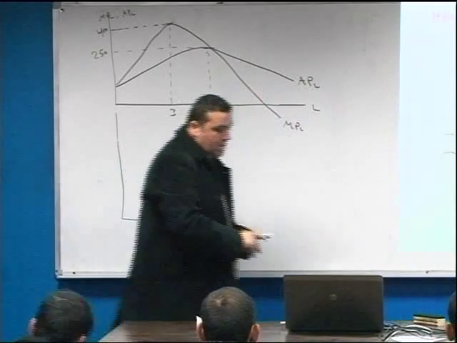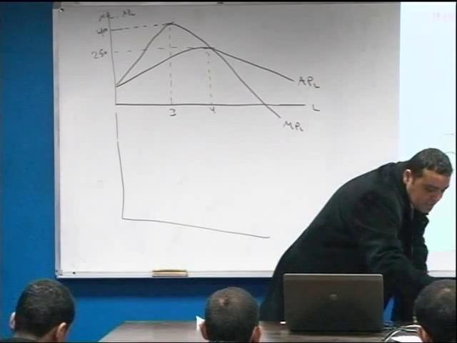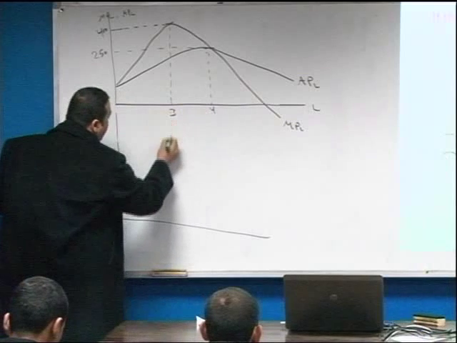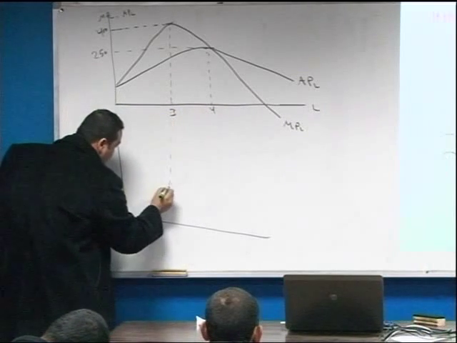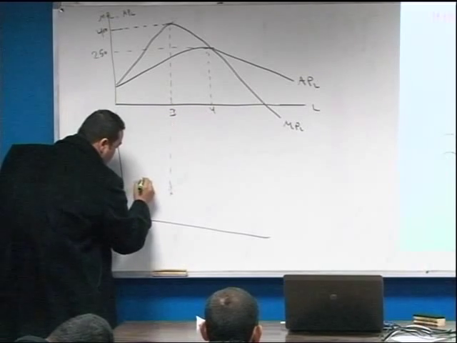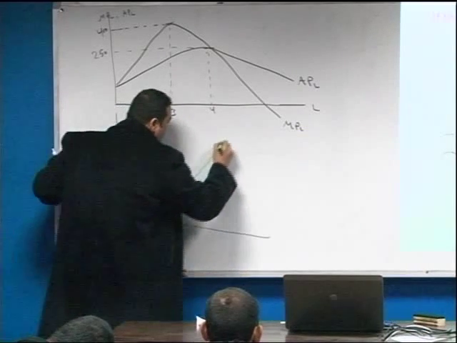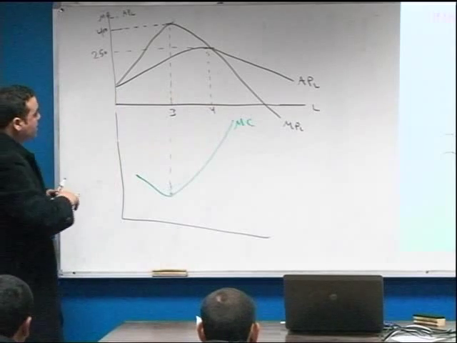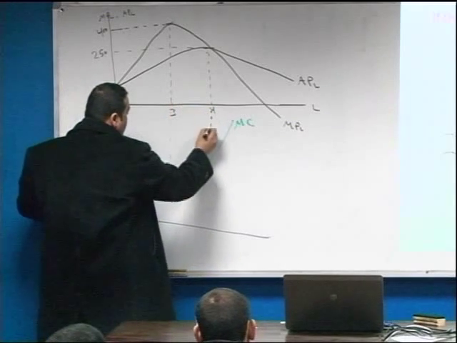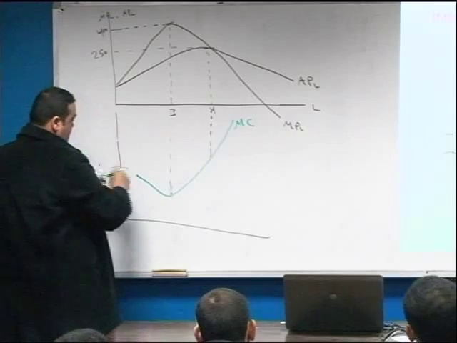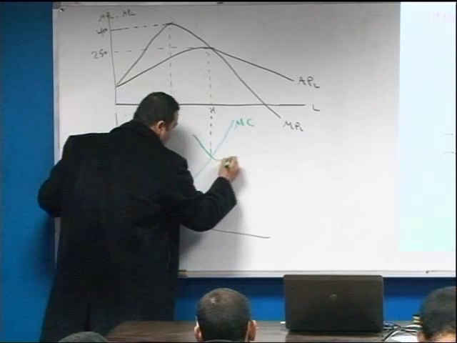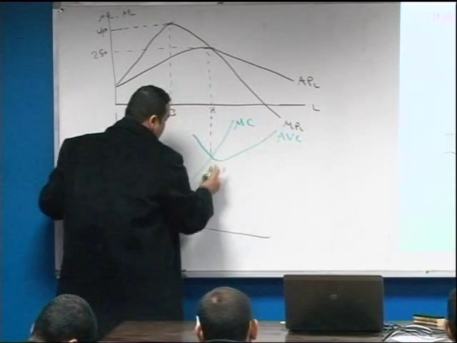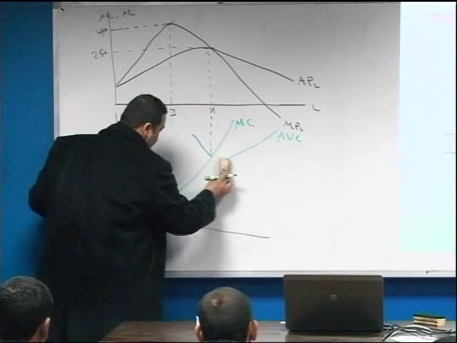What about the AVC and MC? This is the marginal cost curve, and suppose this is the AVC.